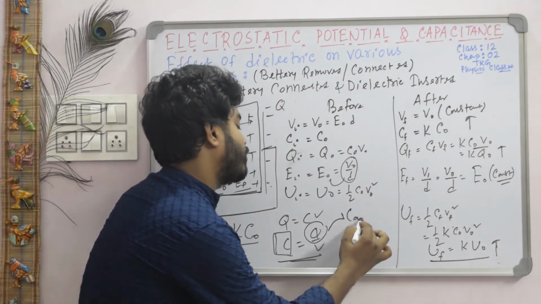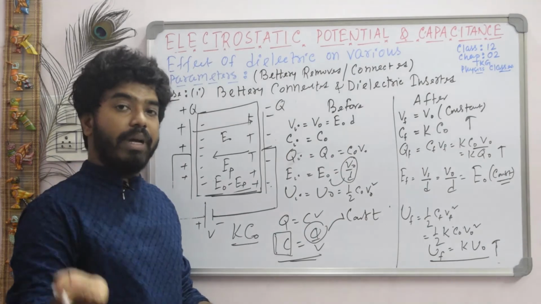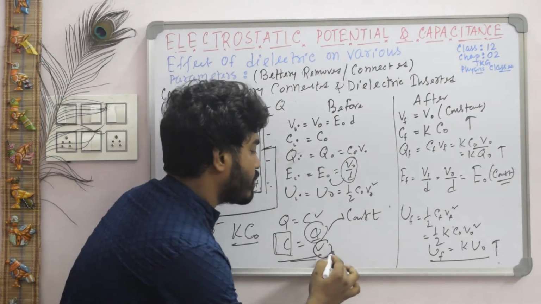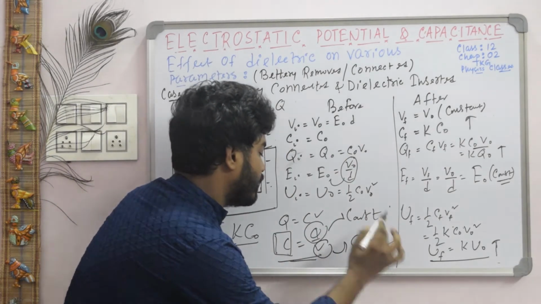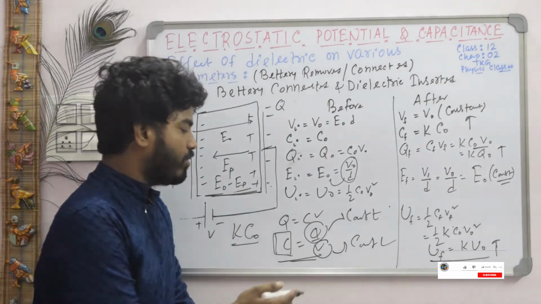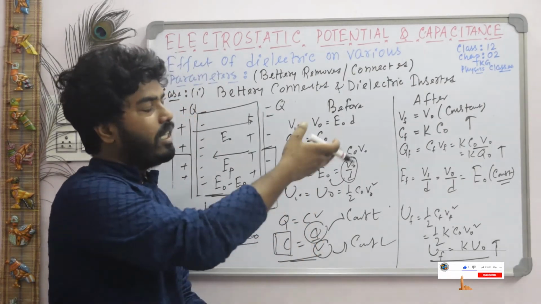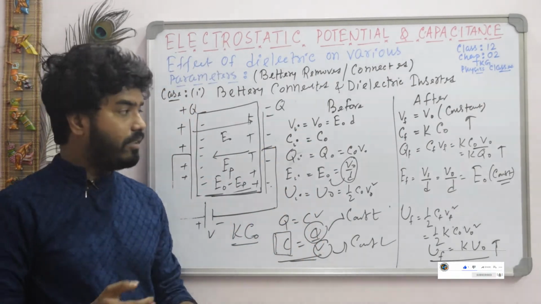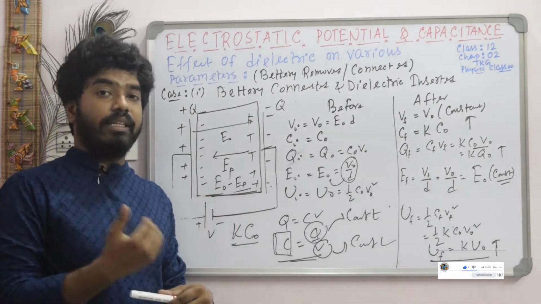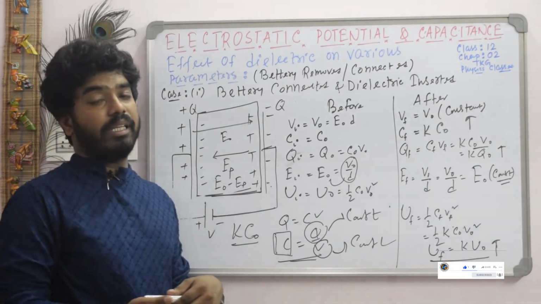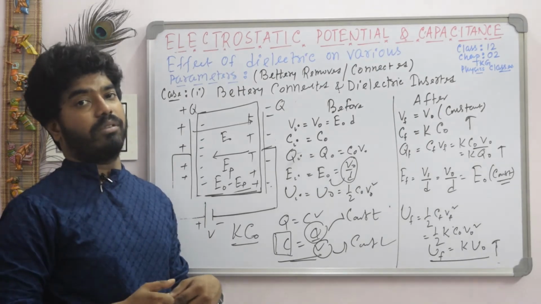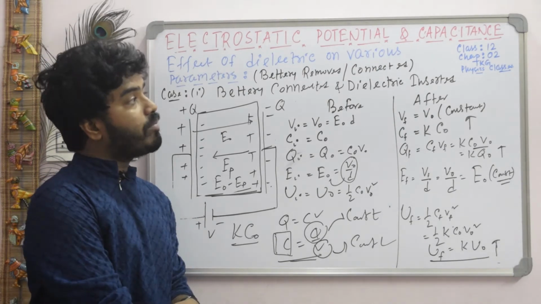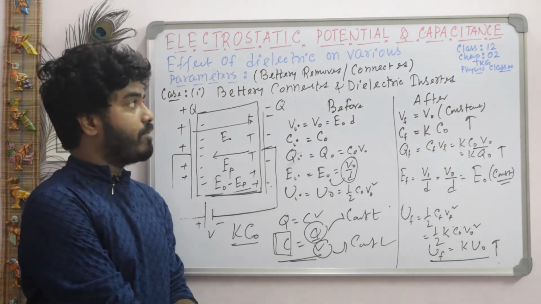When the battery is connected, V remains constant. Now you just use this basic formula, then you can easily work out whether the electric potential energy changes or not. These types of problems are very important for your board exam, students.